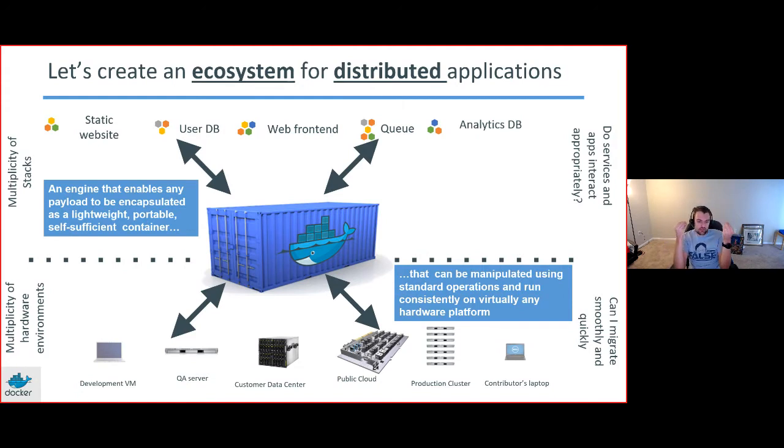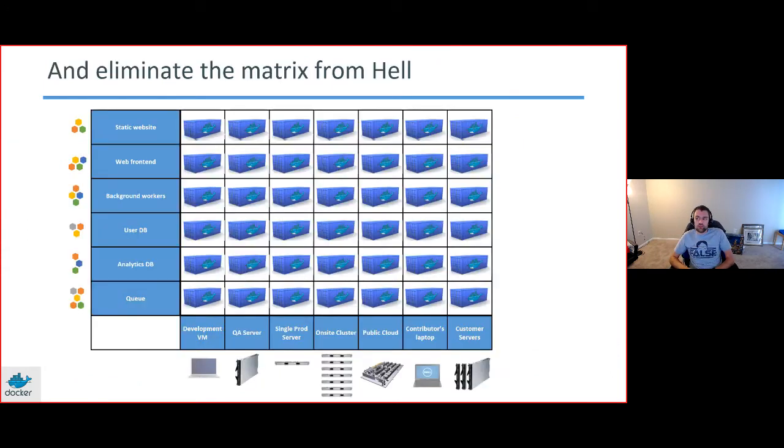And then wherever that application runs, the only requirement is to have a container runtime or a Docker runtime. And those applications will run with their dependencies. And so that matrix from hell that we were talking about earlier becomes really easy to solve, because every application is packaged with its own dependencies.